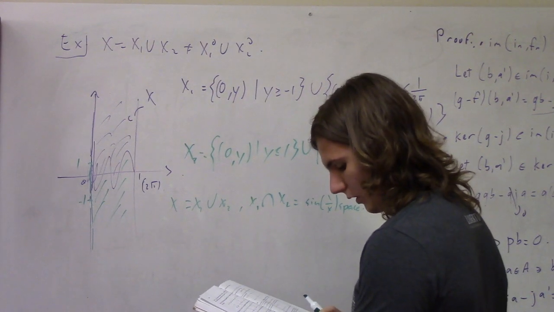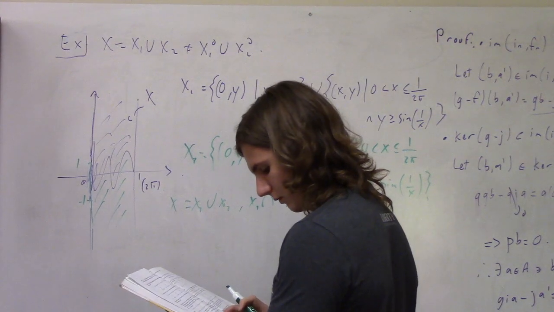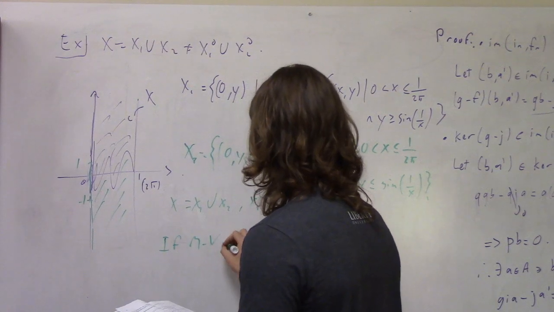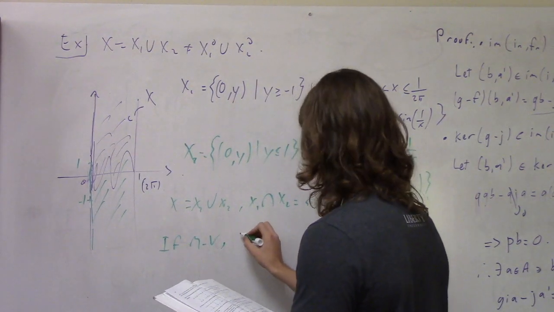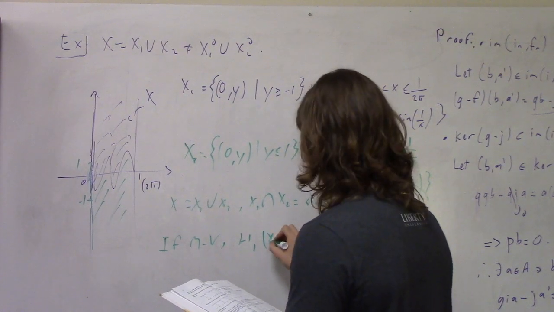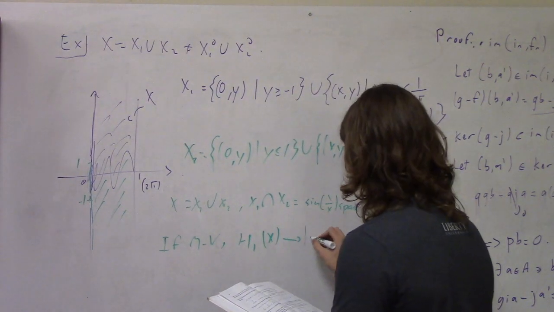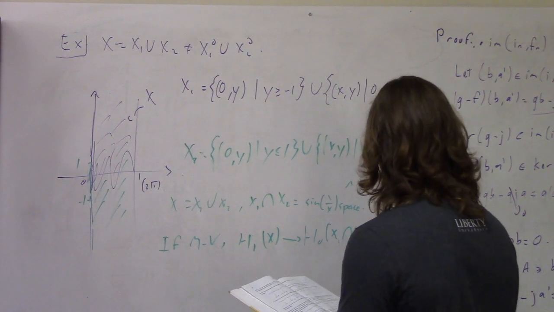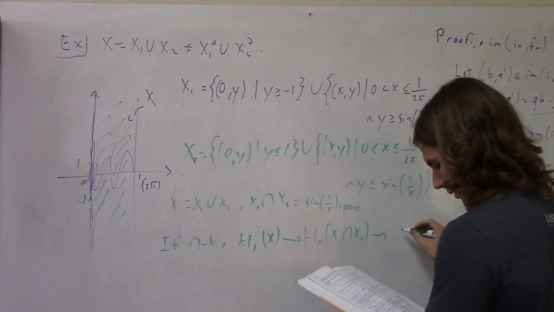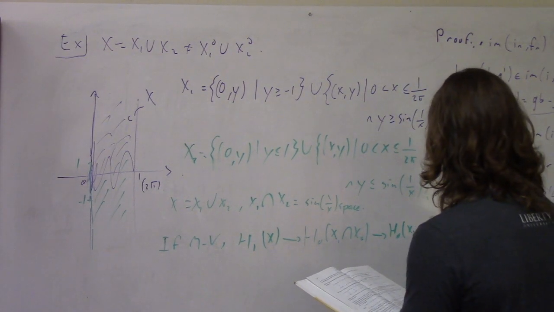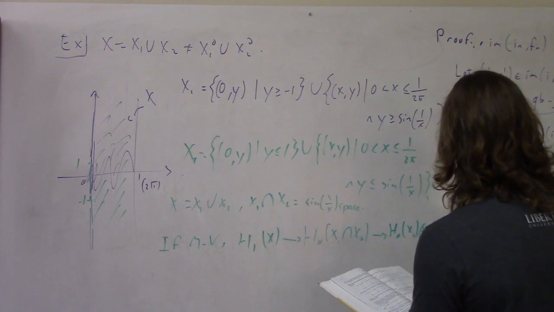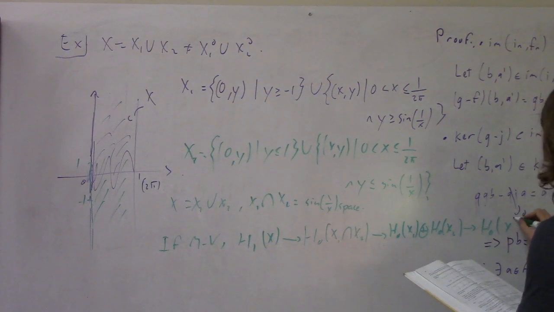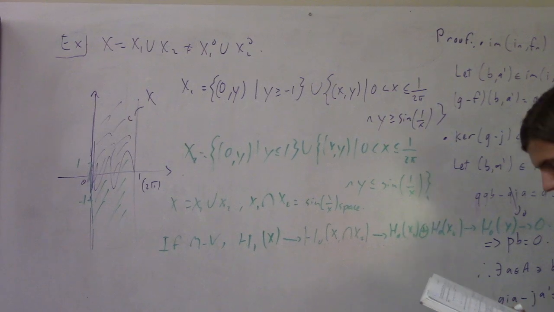So if Mayer-Vietoris were true, which we talked about before in the path connected stuff, then there would be an exact sequence: H1 of X to H naught of X1 intersect X2 to H naught of X1 direct sum H naught of X2 to H naught of X to 0.